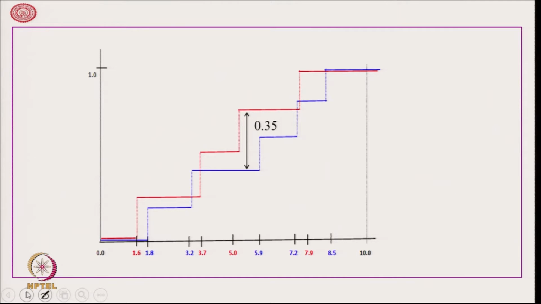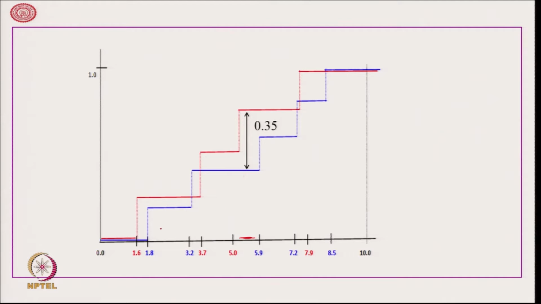So, let us go back to the two diagrams that we have seen. For the first one, if we compare the two empirical distribution functions, we can see that the maximum difference comes out around this region, and the difference in their F values is 0.35. How do we get that?